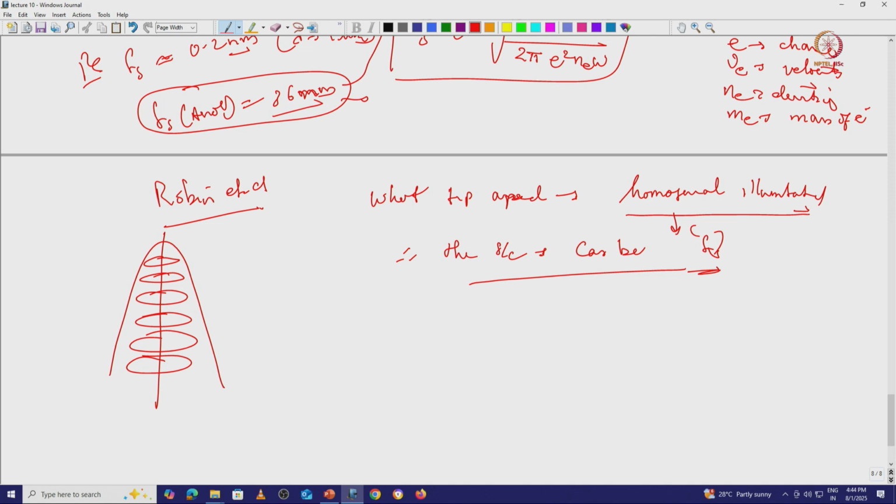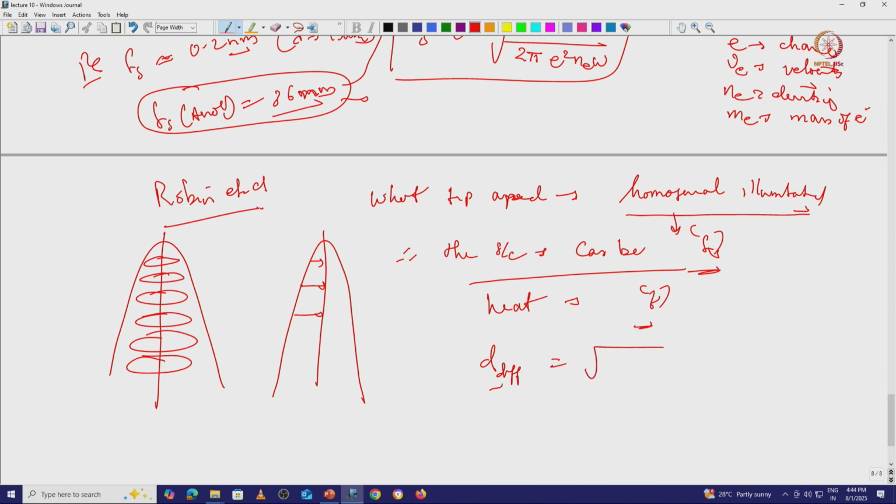Okay, so this heat will diffuse from the layer towards the core over a time t. Okay, so the distance over which the heat diffuses is estimated by 2 lambda t t. Here lambda t is the thermal diffusivity of that particular material.